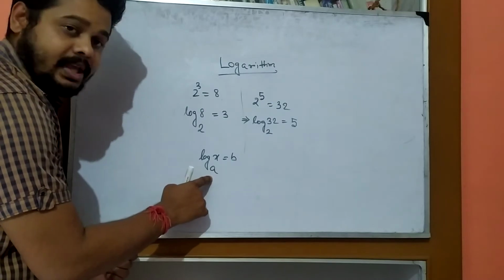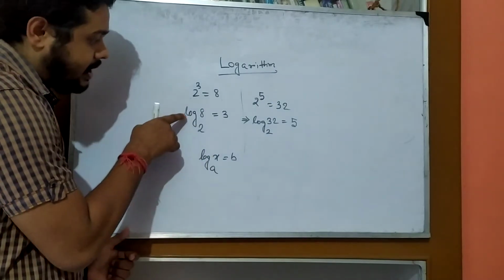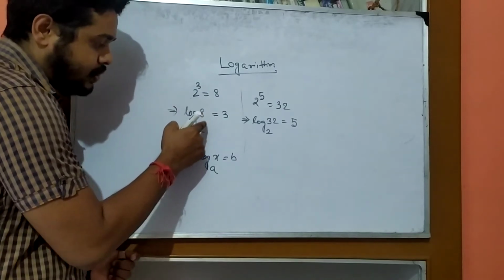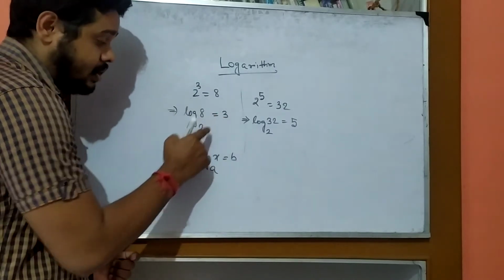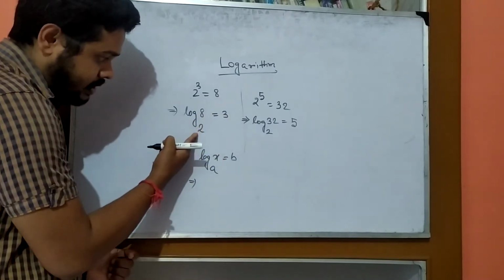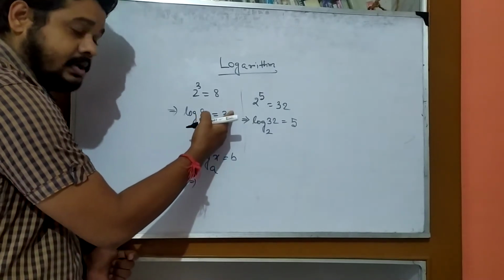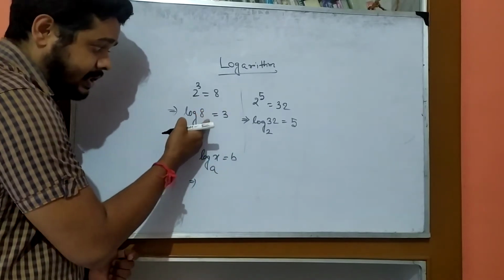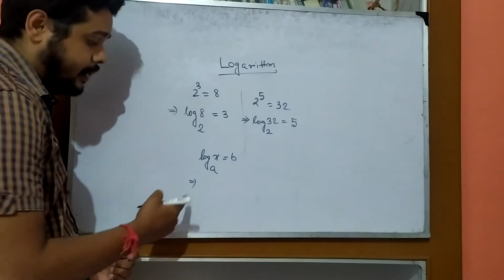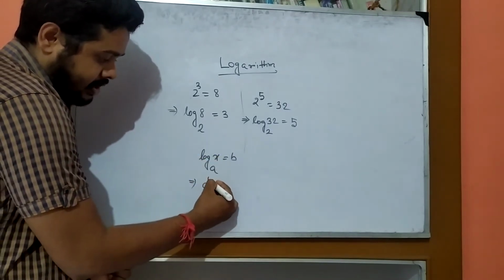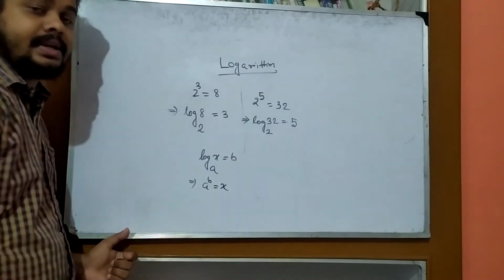We can write from 2 cube equals 8 implies logarithm 8 with base 2 equals 3. So hence we can write, see, 2 cube, this is a cross multiplication, but these 3 will be in the power or components. So in the same way, a to the power b equals x.